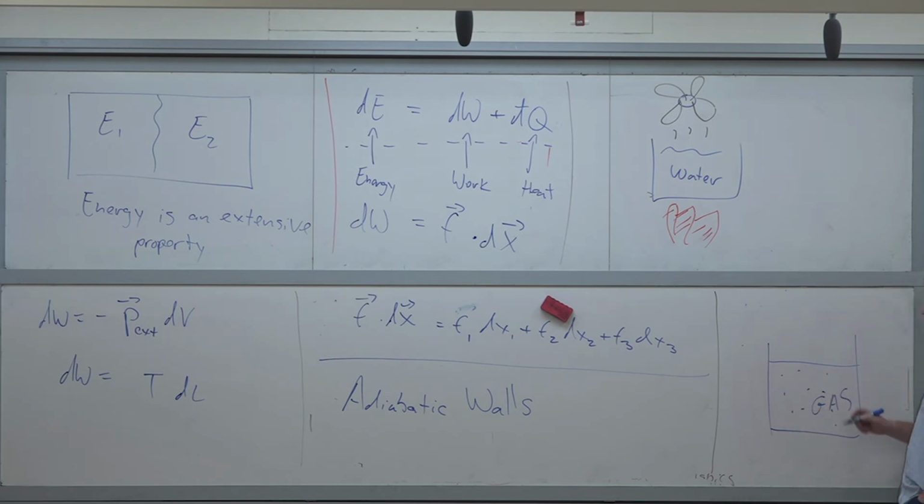I can put additional weight on top of a piston that's over here, okay? And by adding more weight, I can change the size or can change the pressure. And this is how I can change what I called a state of the system.